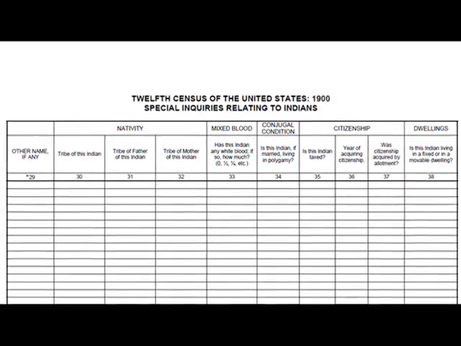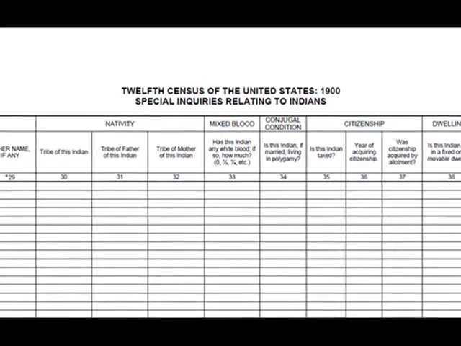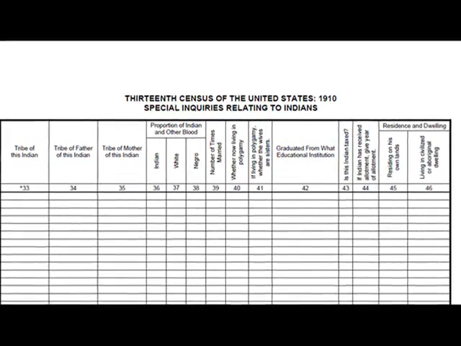The data on the top is exactly the same data collected from the general population, but the bottom half of the Special Indian Census contains additional questions unique to many Indian populations, and they are worth examining more closely.